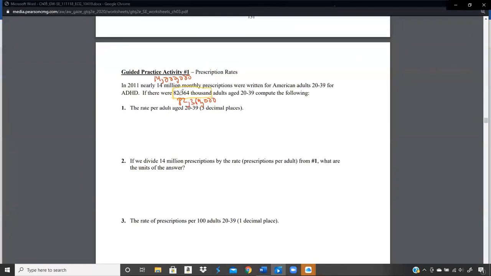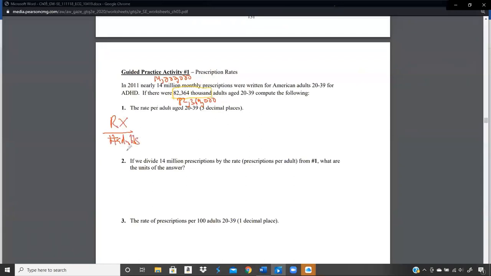So looking at the text, it doesn't look like these numbers are that close, but in reality they are. 14 million, 82 million. No, they're not super close to each other, but I'm just saying they're in the same types of units in terms of size. So they want to know, what is the rate of prescriptions per adult in the age range? So we're going from the rate of prescriptions to number of adults.